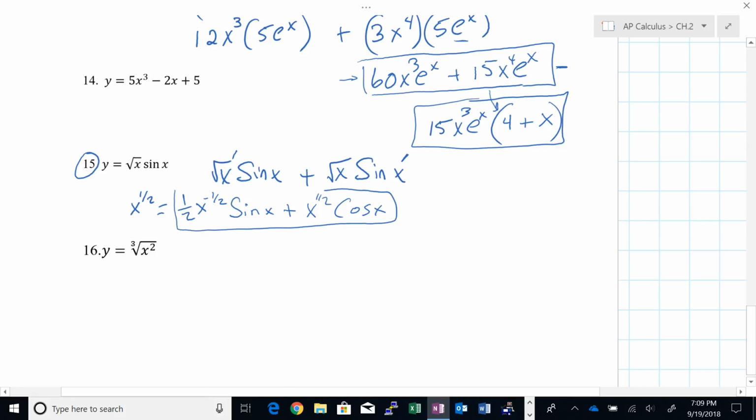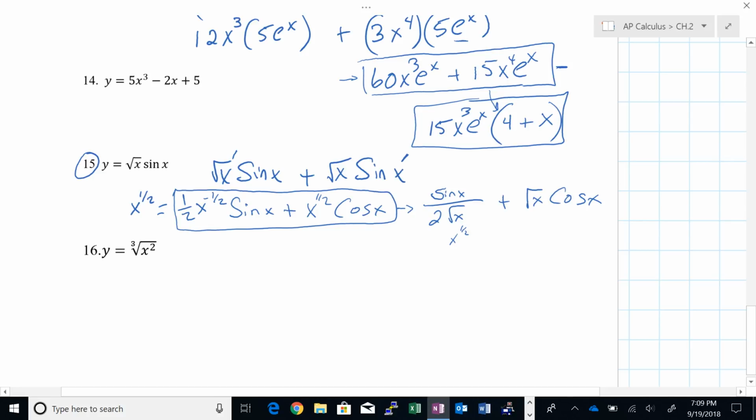So that's it. We can clean it up a little bit here. I do want negative exponents simplified, so don't leave any negative exponents. In this first term, the sine of x is on the top, all over 2 times the square root of x, or x to the positive 1/2, either one, plus square root of x times cosine of x.